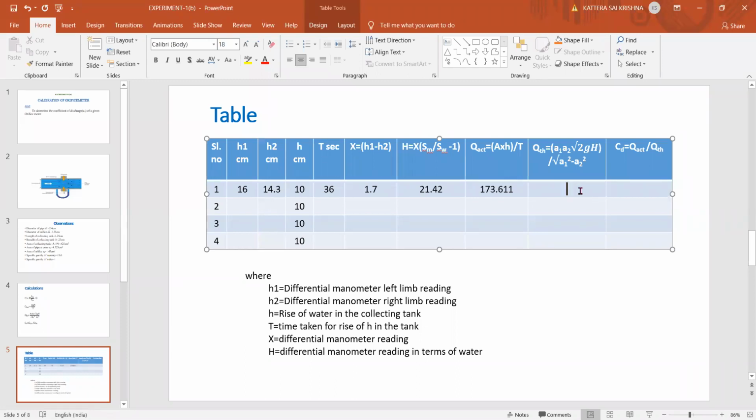Q theoretical. Yes, sir. Do it again. It's wrong, I think. That small a number will not come. Take time and do it. Don't waste time. Use the calculator. Are you using a phone or a calculator? Calculator, sir. Then you will get the right answer. This is under root fully of 2gH, full root. Similarly, down also it is full root of A1 square minus A2 square.